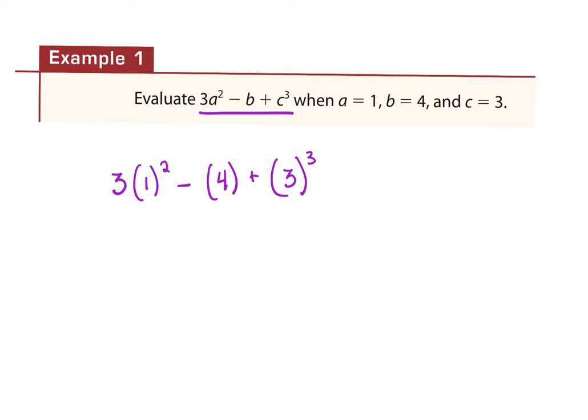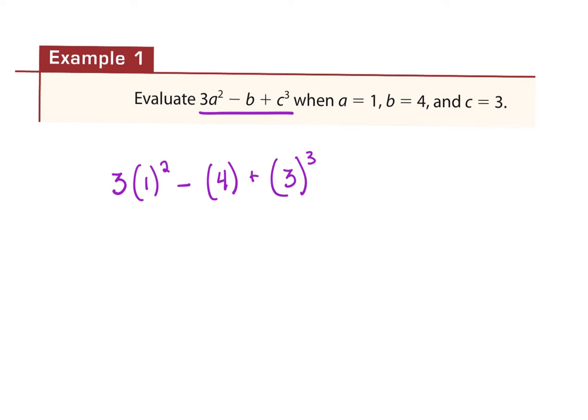The other thing is, what happens if I did not put parentheses there? It's like 31 squared. Would that change my answer? Oh, ever so slightly. So you do want to pay attention that you're not confusing yourself by how you write something, and I usually put parentheses there just to keep the clarity.